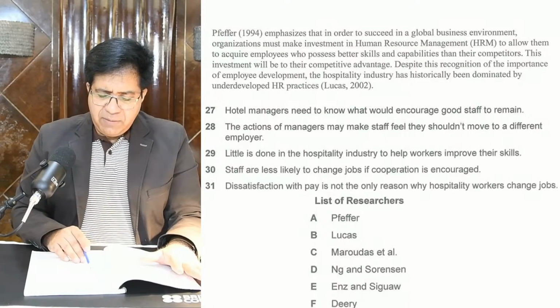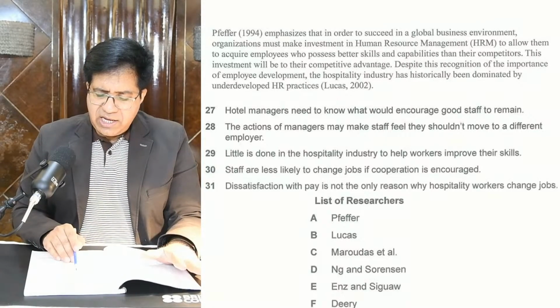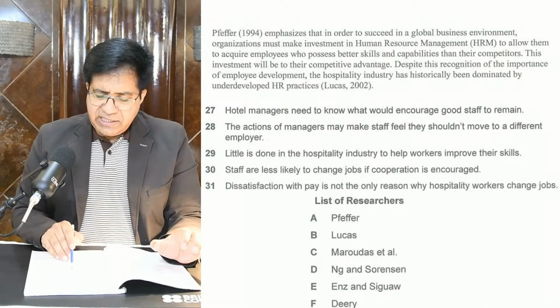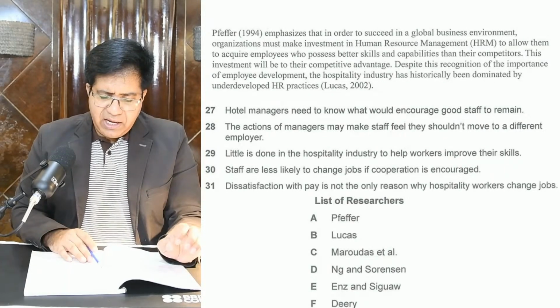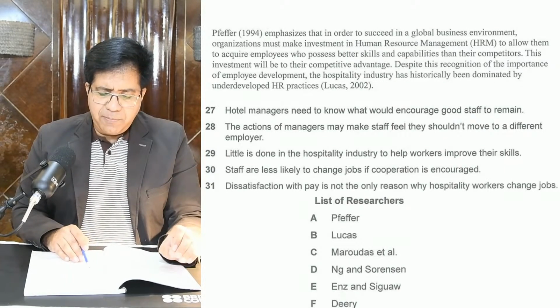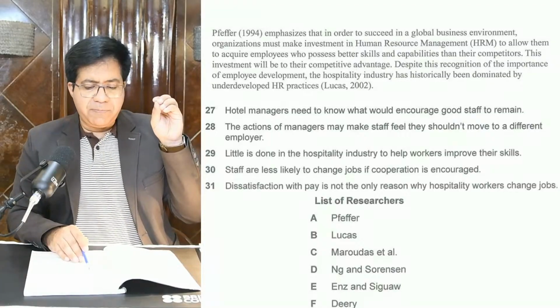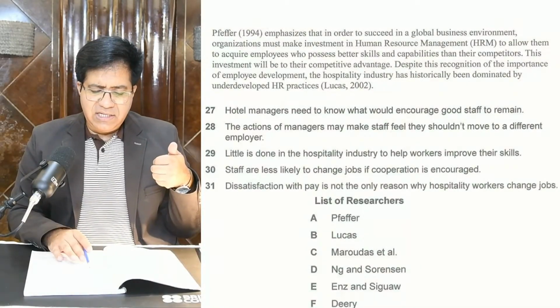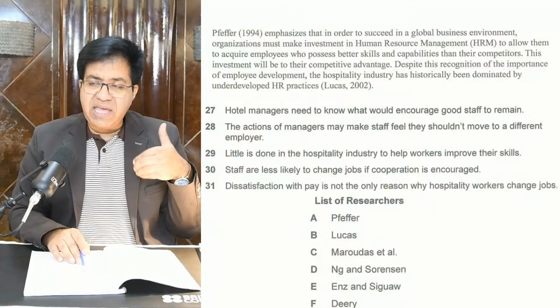This investment will be to their competitive advantage. Despite this recognition of the importance of employee development, hospitality industry has historically been dominated by underdeveloped HR practices. Now, underdeveloped HR practices is said by Lucas, and Pfeffer said that organizations must make investment.